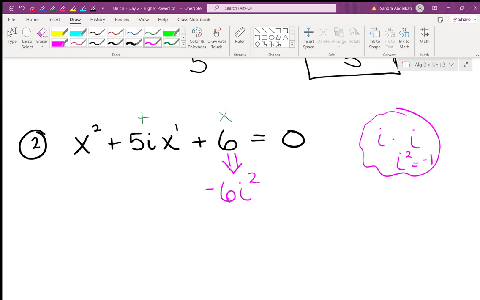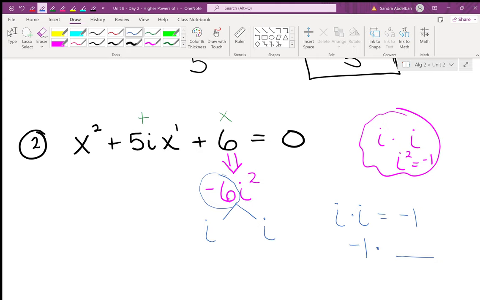So now we need to come up with the factors here. So we know the factors have to be an i and an i. Each factor has to have an i in it. And we know an i times an i is -1. So now we're going to say -1 times what number will give us this -6, but also add to 5?